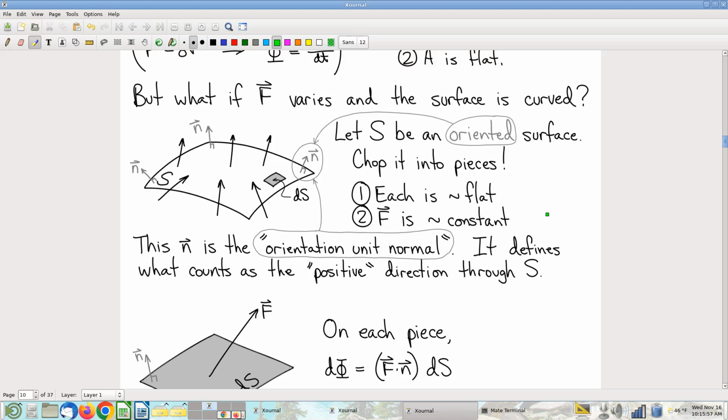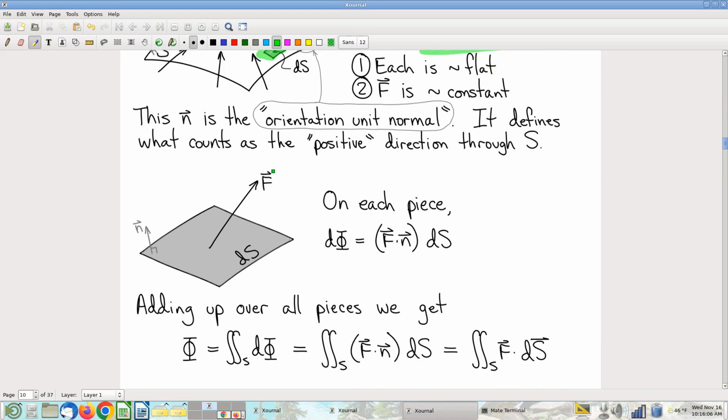Right? I mean, this is what integrals kind of fundamentally are, really. And so we chop it into little pieces, and then on each little piece, we recover kind of the old simple story, right? That it is approximately flat. And it's such a small piece that the vector field is approximately constant.